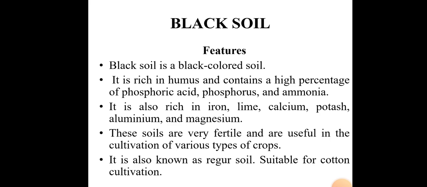The soil is very fertile and useful in cultivation of various types of crops like rice and wheat, but it is most suitable for cotton cultivation. It is also known as regur soil.